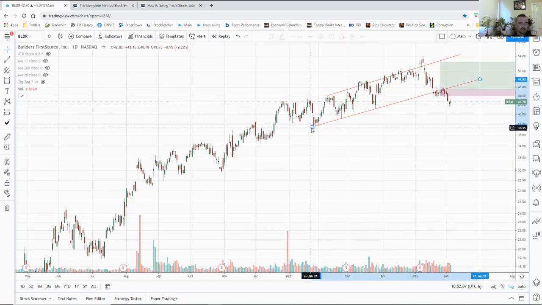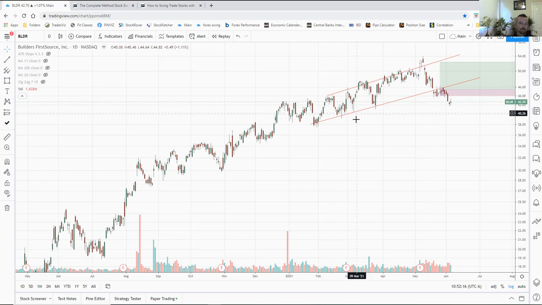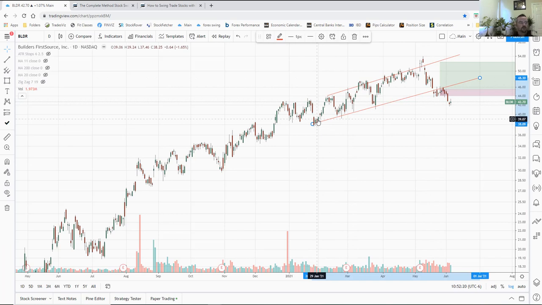And sometimes you'll notice you could have drawn them slightly differently. So I think probably how I drew this one the first time was more like this, and that's how I ended up taking this trade and not this one. Trend lines are a little bit subjective because a slightly different angle will affect how you draw them.